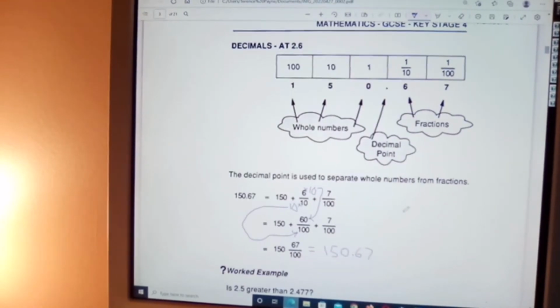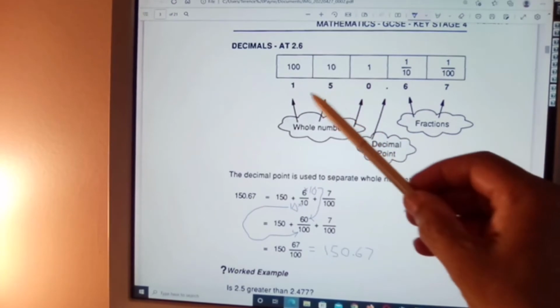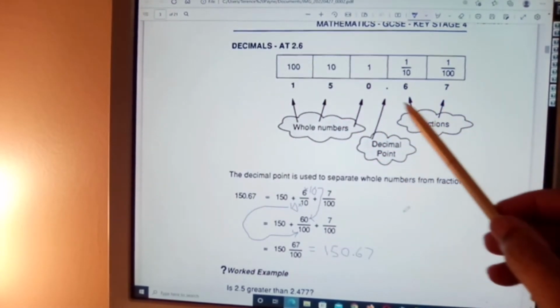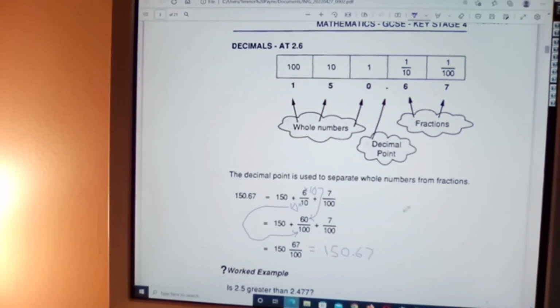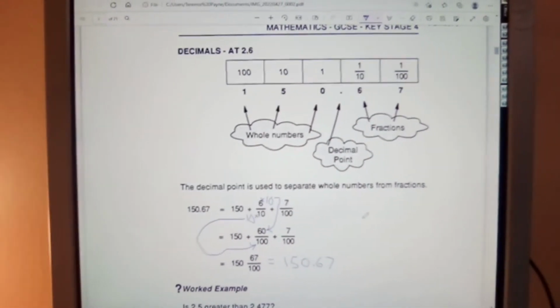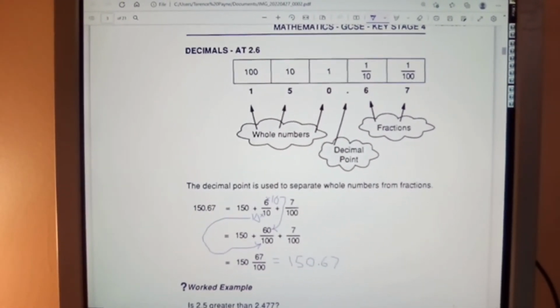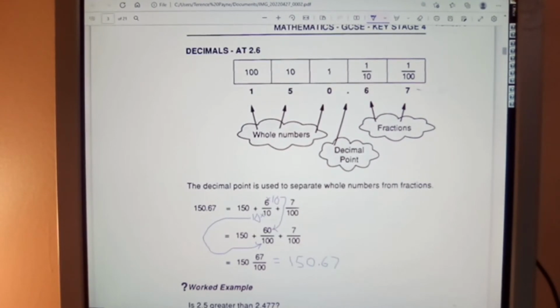We started off with a given figure of 150.67, and that was a figure given just as an example, okay. And this will now equal this, okay.